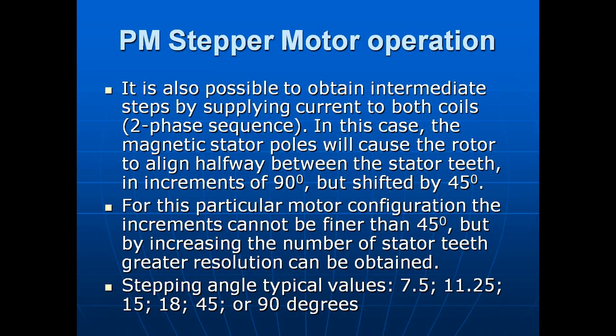For this particular configuration, the increments cannot be finer than 45 degrees, but by increasing the number of stator teeth, greater resolution can be obtained. Typical stepping angle values are 7.5, 11.25, 15, 18, 45 or 90 degrees. The phase angle.